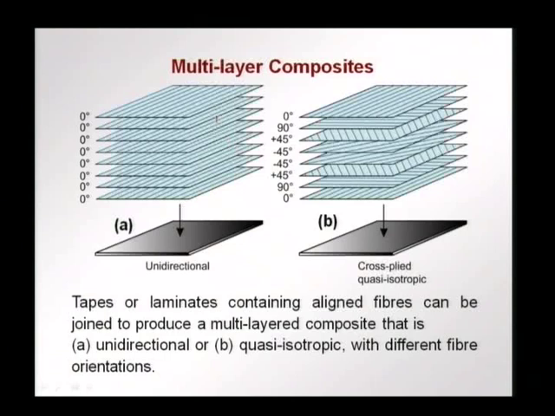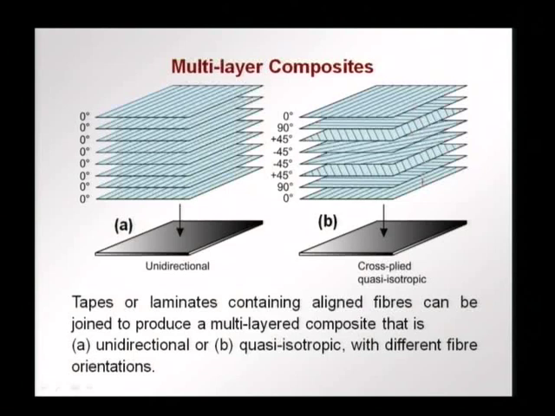Now in case you had to strengthen in another direction also, then we can have cross plies giving a quasi isotropic system. So overall, because of the different angles of the plies, in the sense that you have now fibers not only in this direction but also in other directions. This is the 90 degrees ply, this is in 45 degrees, this is in 45 degrees but the other way.